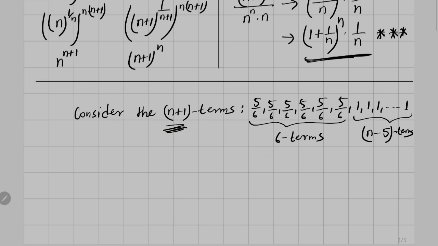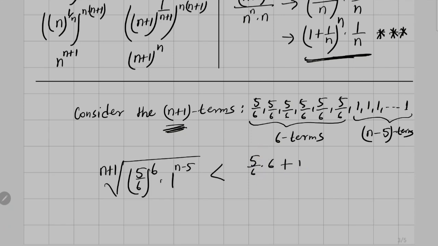So we know the geometric mean is less than the arithmetic mean. The geometric mean of the n+1 terms is the (n+1)th root of (5/6)^6 times 1^(n-5). It is less than the arithmetic mean. The arithmetic mean is (5/6 times 6 plus n minus 5) divided by n+1.